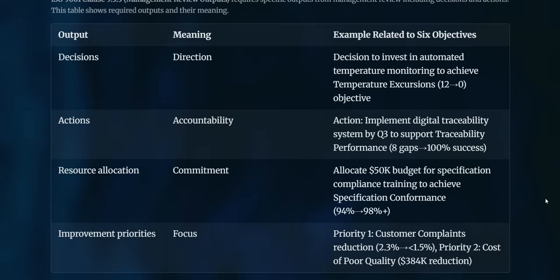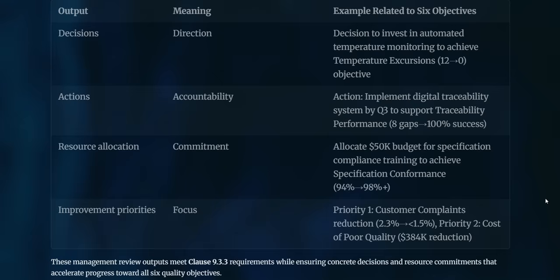The other output from the management review includes improvement priorities. This output means there is focus from the management. An example related to our objectives for improvement priorities includes priority 1, customer complaints reduction, and priority 2, reduction of cost of poor quality.